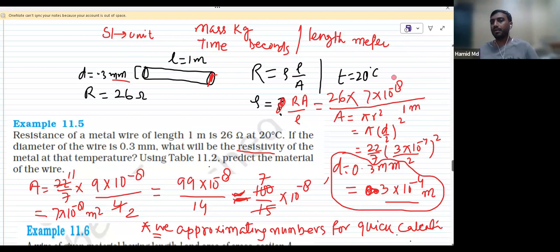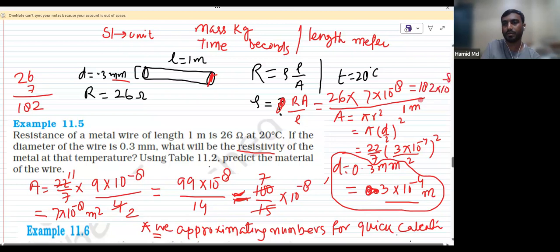So just multiply 26 into 7. 26 into 7, how much does it come to? I'm doing it for you guys. It is 182 into 10 raised to the power minus 8.